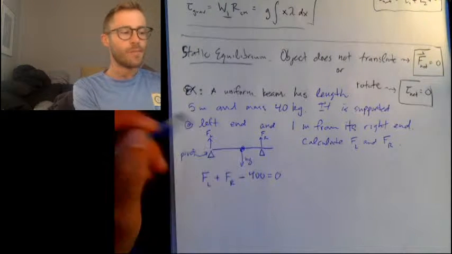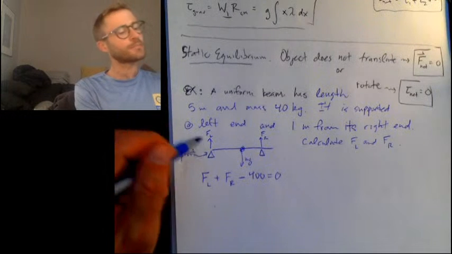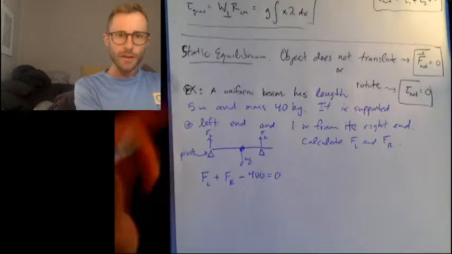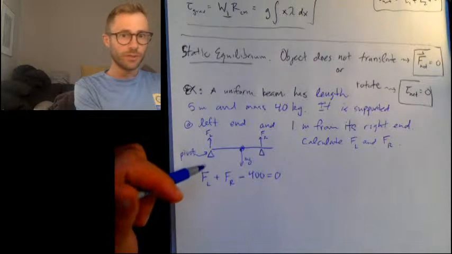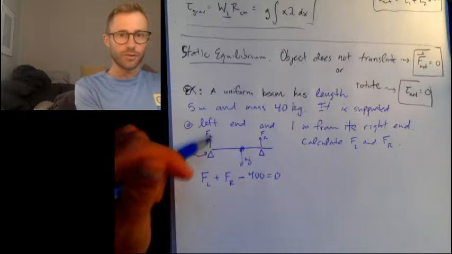So I don't need to worry about sine theta. The left force has an R value of 0 because it's acting at the pivot point, so this one exerts no torque.